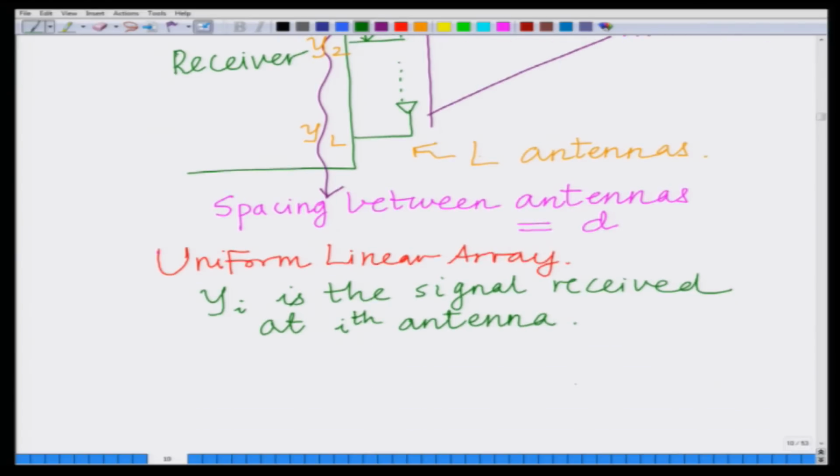This is known as the uniform linear array with antenna spacing d. There are L antennas, and yi is the signal received at the ith antenna. Therefore, we have signals y1, y2, up to yL which are received at the L antennas in this uniform linear array architecture.